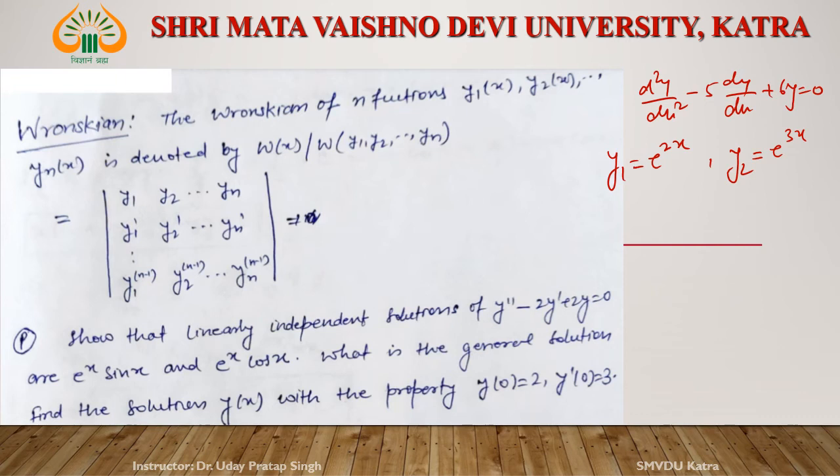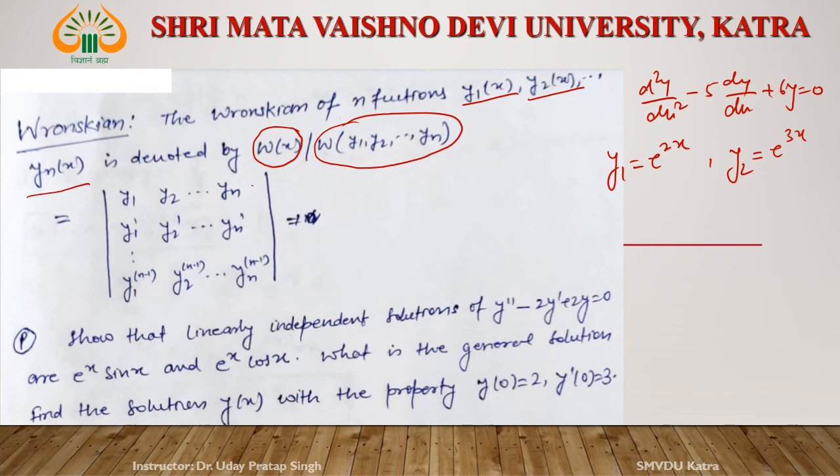So there are n functions, here two functions, in general n functions y1, y2 up to yn. Then their Wronskian is denoted by W(x), or W of y1, y2, yn. And what is this Wronskian? It is nothing but a determinant. Determinant of what?